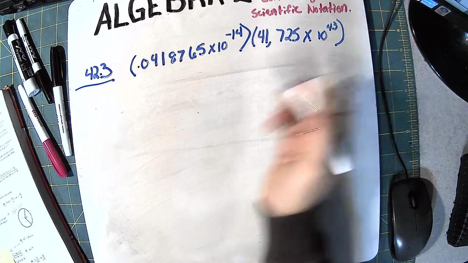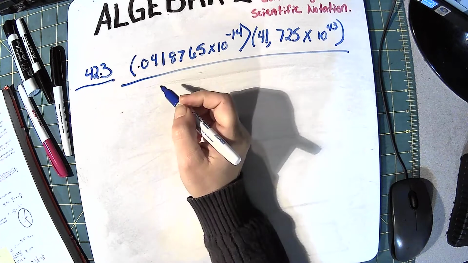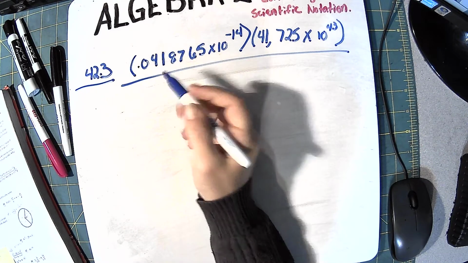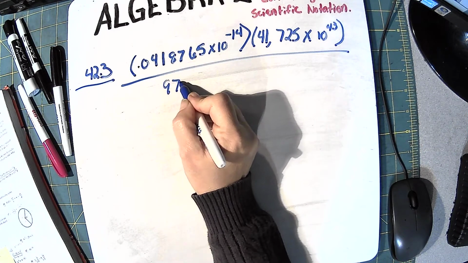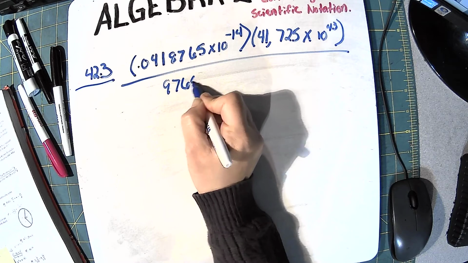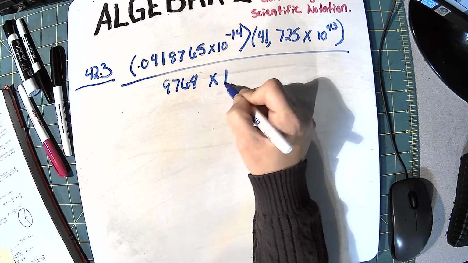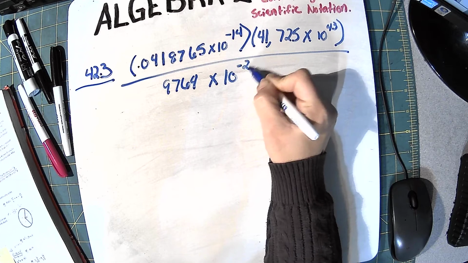Whew, it's a big one. Okay. All that is over 9,764 times 10 to the negative 23rd.